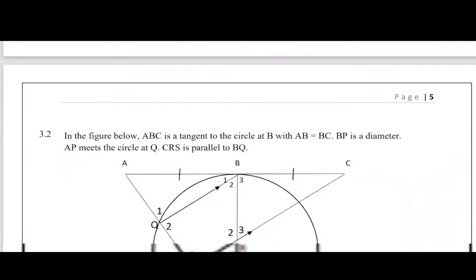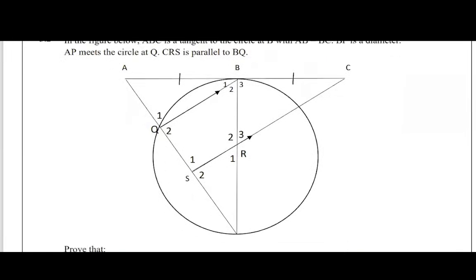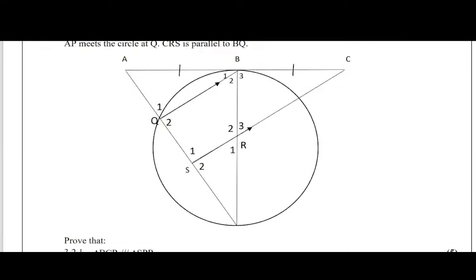Then question 3.2. With question 3.2, we're being told that in the figure below, ABC is a tangent. Still Euclidean geometry.